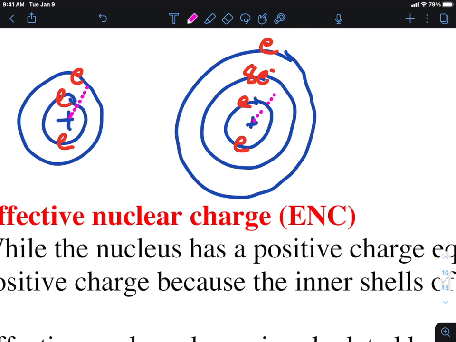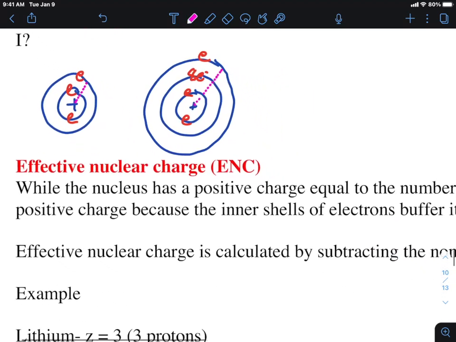The nucleus here attracts the electron in energy level 3, but it has to reach through more levels to attract that outermost electron. Think of these energy levels as layers of insulation. The more layers of insulation there are, the harder it is for the nucleus to attract electrons. Whereas here, the electrons are so close to the nucleus that it's a little bit easier to attract them.